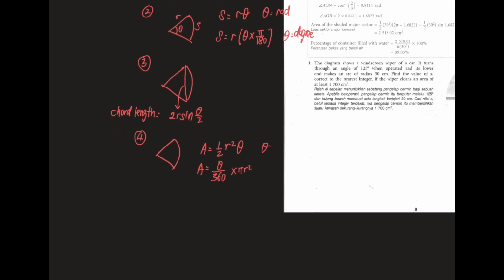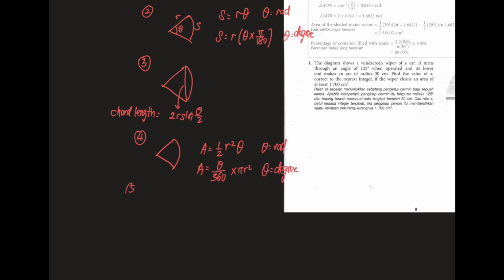Then just now we learned the area of a sector. So A equal to half r squared theta, or A equal to theta over 360 times pi r squared. Okay, so this is in radian, this is in degree.